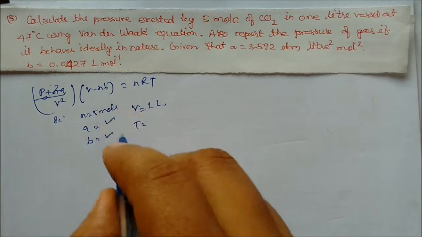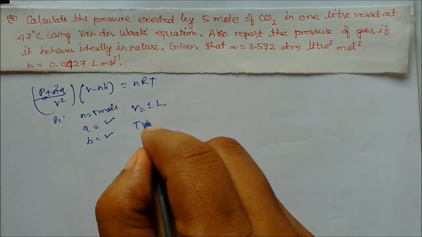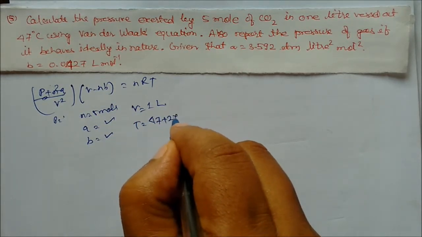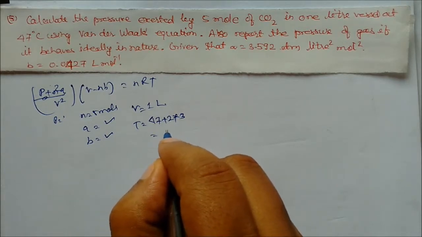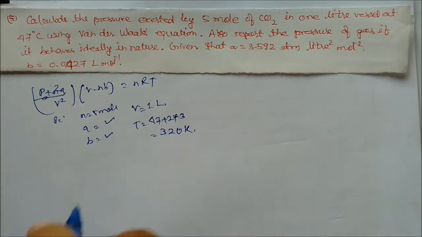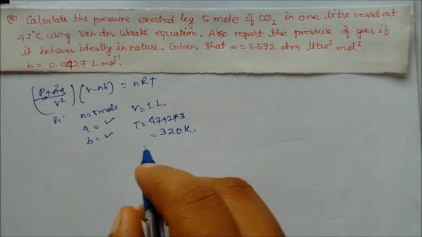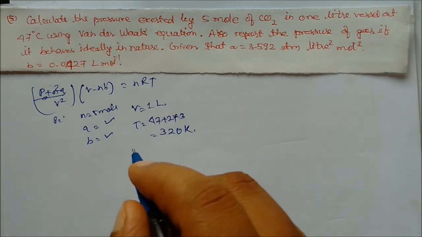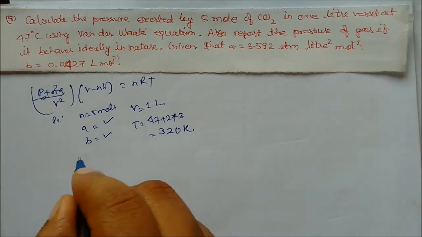Temperature is also given, that is 47, so 47 plus 273 becomes 320 Kelvin. So we can directly put in these values.